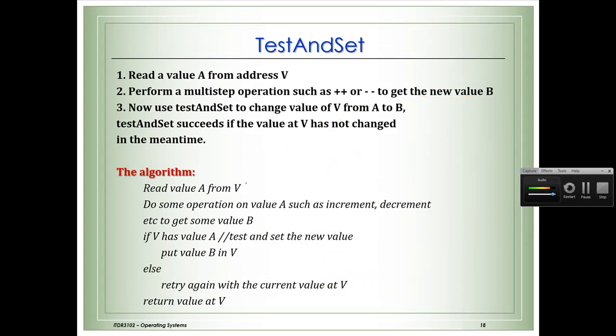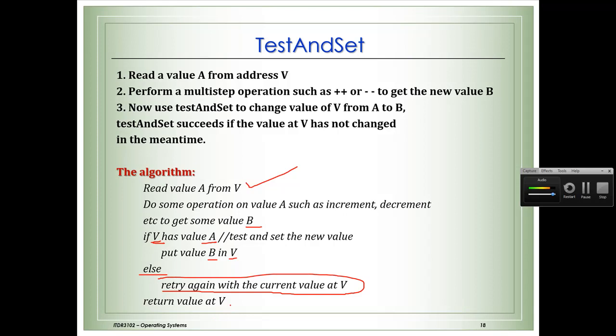So read a value A from the location V, do some operation, plus plus or minus minus, so that you get a new value B. Then the thread would try to store B into the location V. It would store B into V only if V has the older value A. Else, if V has some other value other than A, then cancel the operation and retry with whatever the current value in V is.